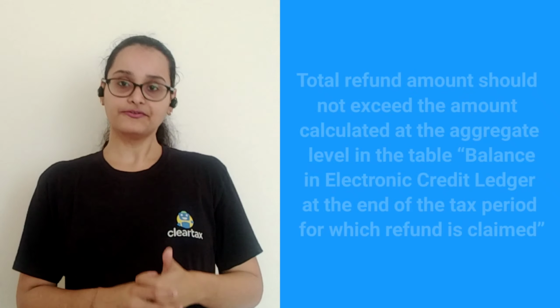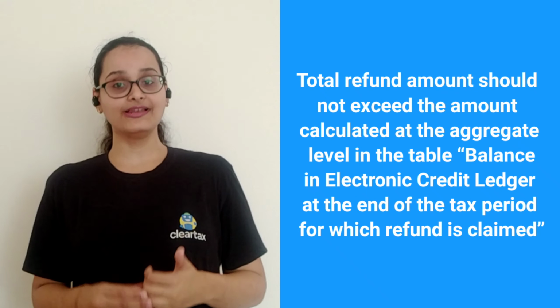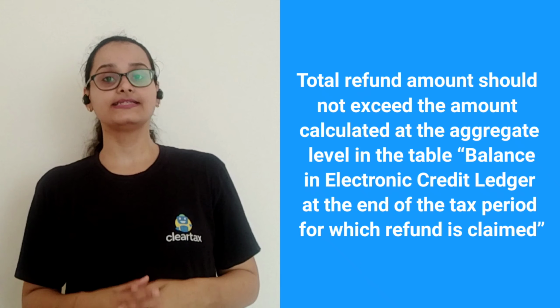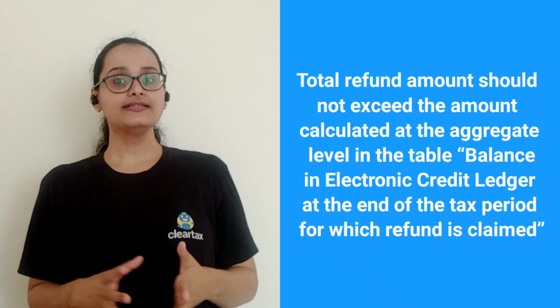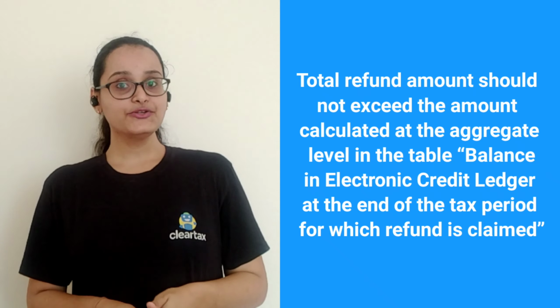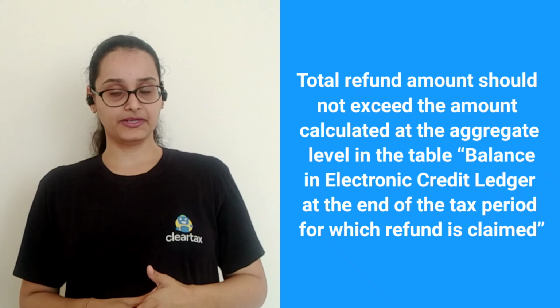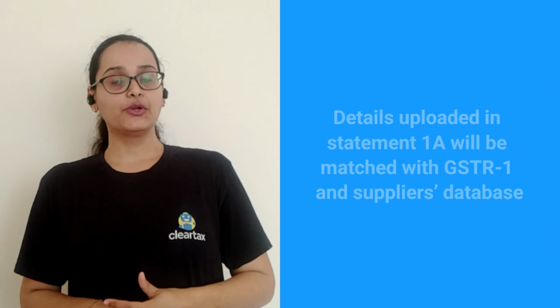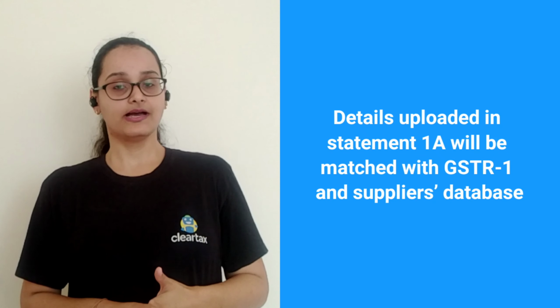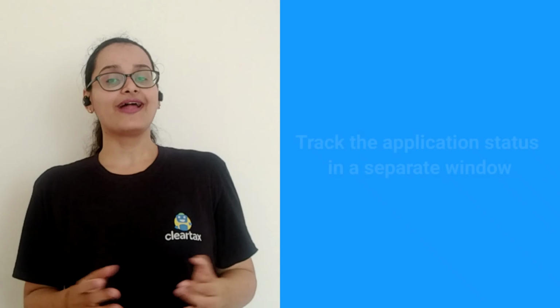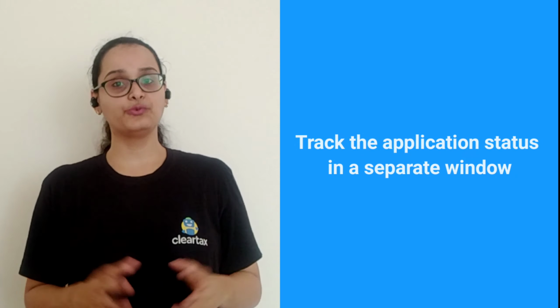Fifth, the total refund amount should not exceed the amount calculated at an aggregated level, that is IGST plus CGST plus SGST, in the table Balance in Electronic Credit Ledger at the end of the tax period for which the refund is claimed. Sixth, the details uploaded in Statement 1A will be matched with GSTR-1 and suppliers' database. Seventh, you can track the application status in a separate window.